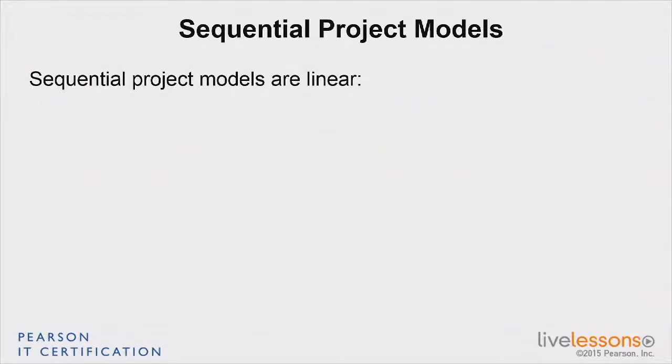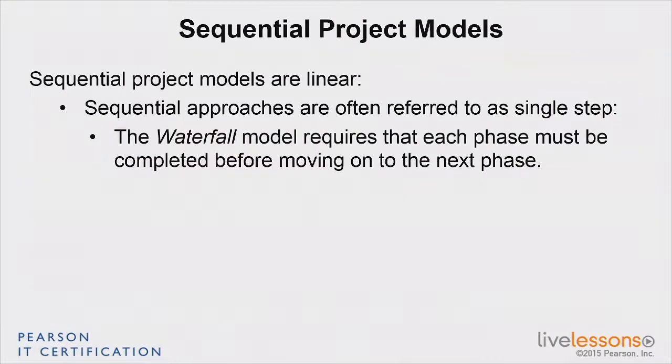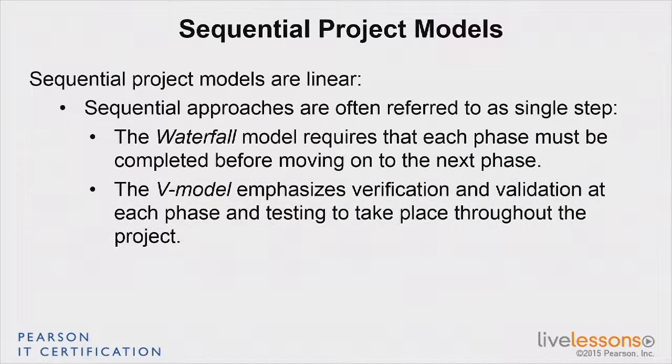Sequential project models are linear. Sequential approaches are often referred to as single step, one step at a time. The waterfall model requires that each phase be completed before moving on to the next phase. The V model emphasizes verification and validation at each phase and testing to take place throughout the project.